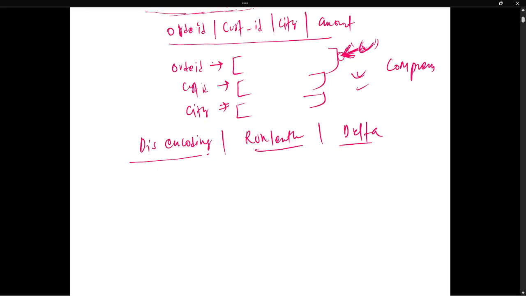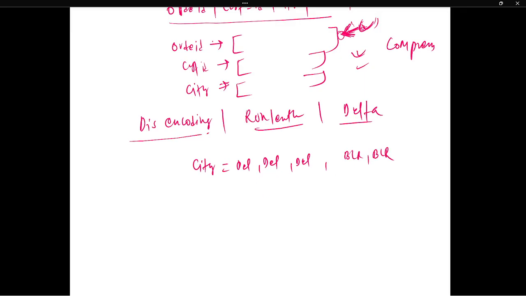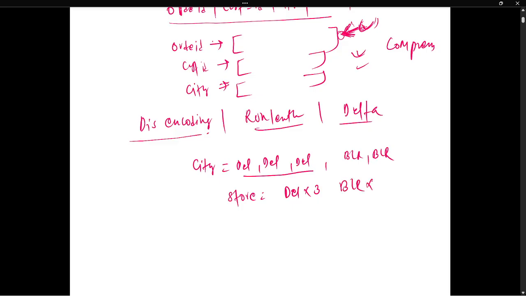Suppose there is a column called city, where the data is Delhi, Delhi, Delhi, then Bangalore, Bangalore. How is the data stored? It is stored like Delhi into 3, because it occurs three times, and Bangalore into 2.